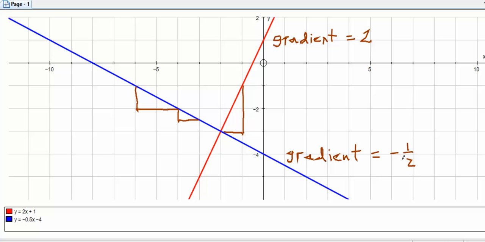So we can see that the two gradients, 2 and minus a half, if we multiply 2 by minus a half, we get minus 1. And this is always true of lines which are perpendicular.